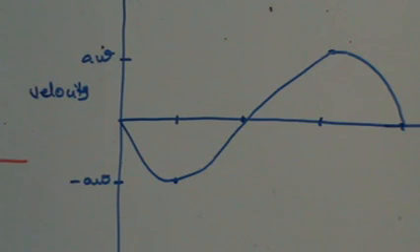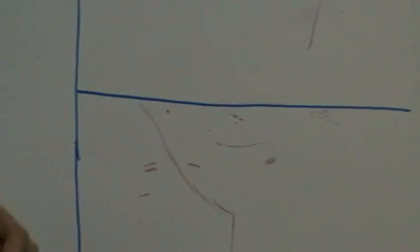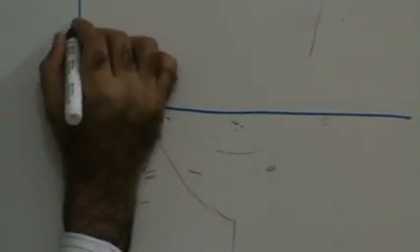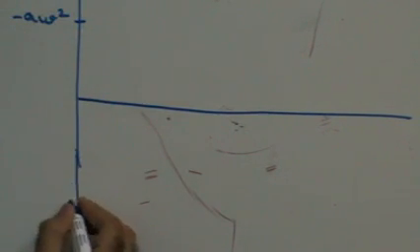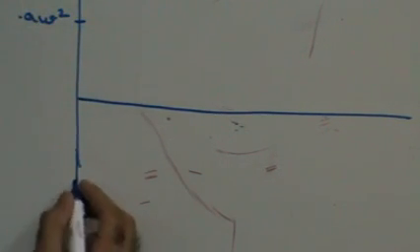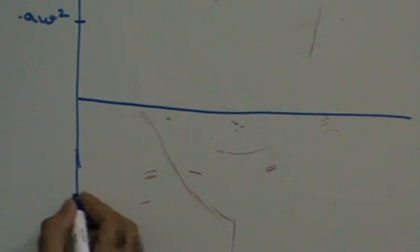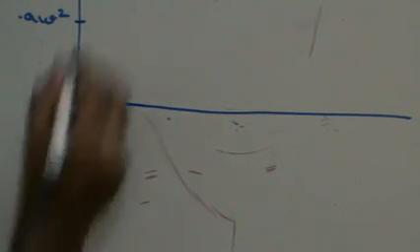And last, acceleration graph. Acceleration graph is going to vary between minus a omega square and plus a omega square. Right?